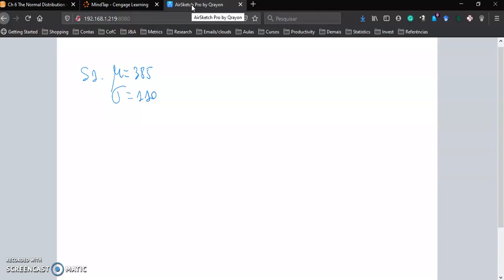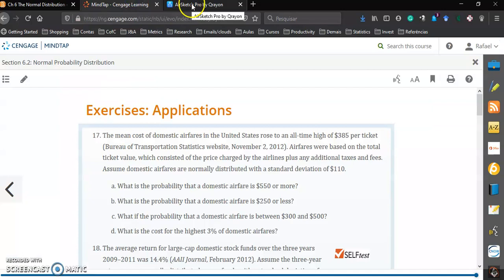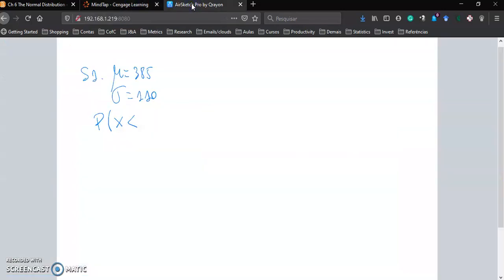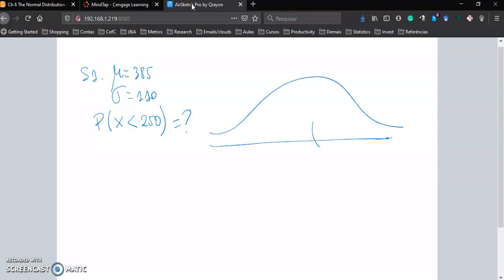I want to know the probability that a given airfare is $250 or less. That's my question. I start drawing to figure out which data I'm talking about. This is the mean, 250 is somewhere here, and I want to know the probability that it is smaller than that.